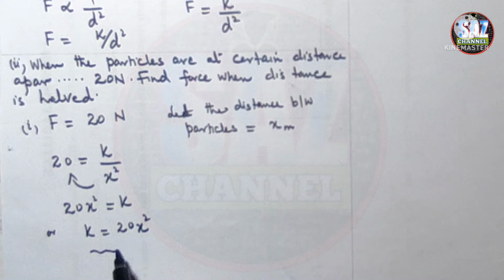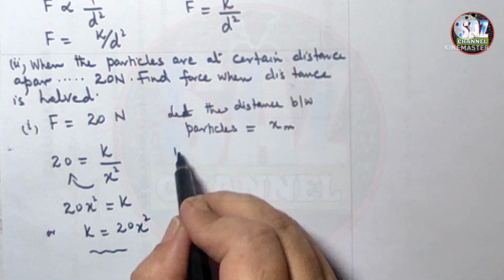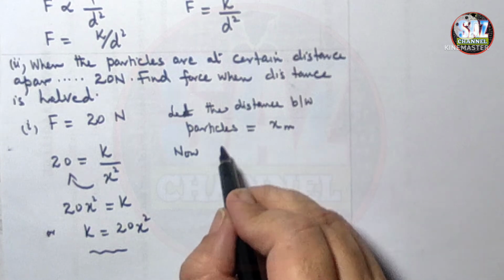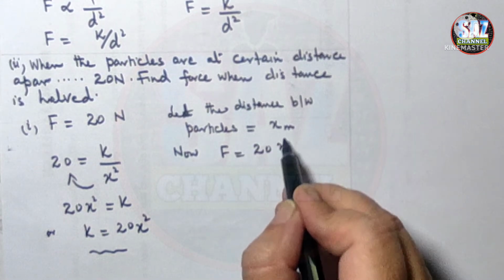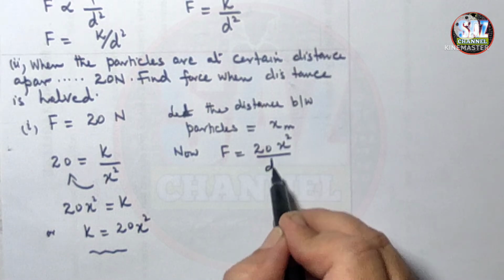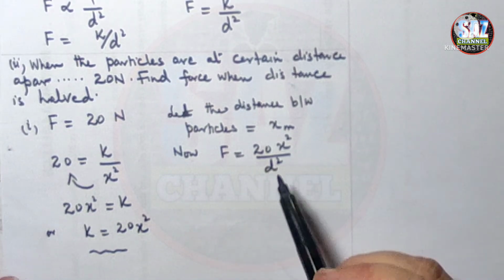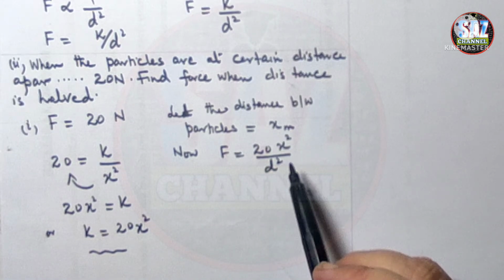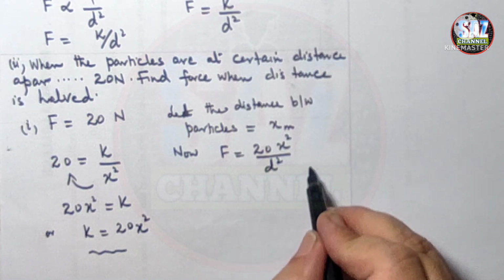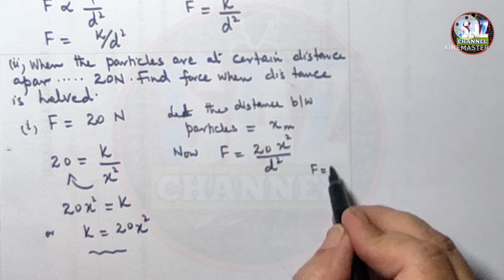Now the equation connecting them can take the form F equals 20 x square upon d square. Then we have to find the force when the distance is halved.